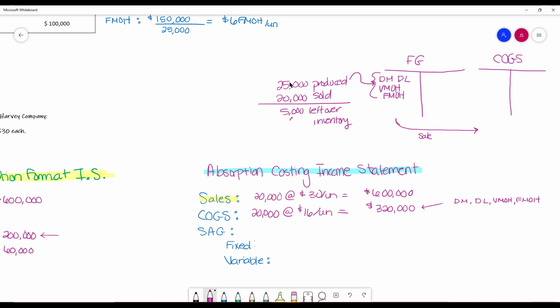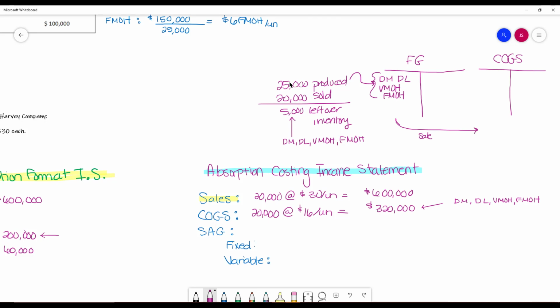Just a side note here, which is important. These 5,000 units that are left over in finished goods inventory have their own direct materials, direct labor, variable overhead, and fixed overhead attached to them, still sitting in inventory and never flowing through to cost of goods sold in this year.